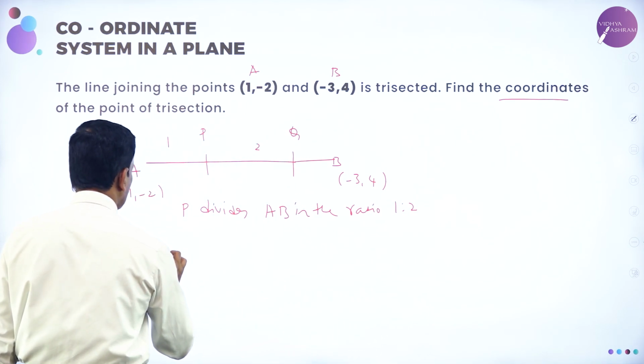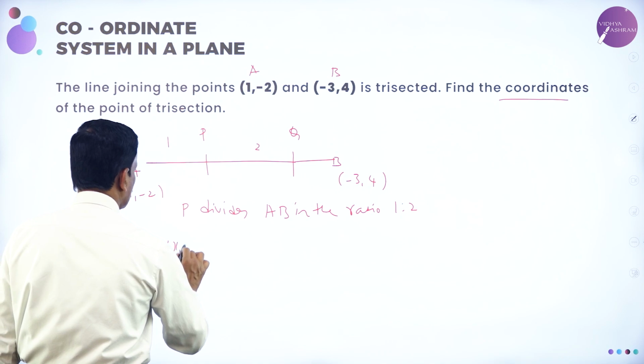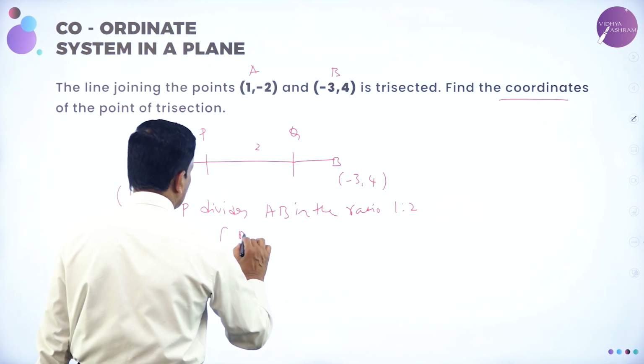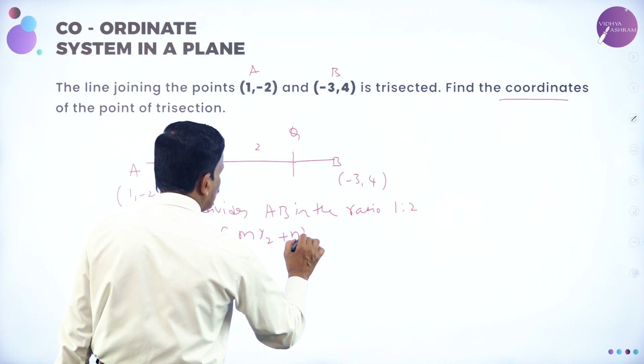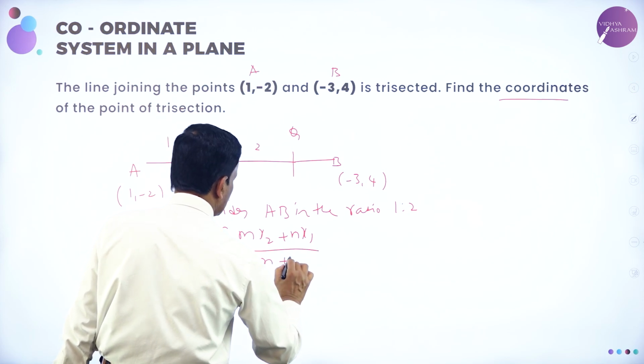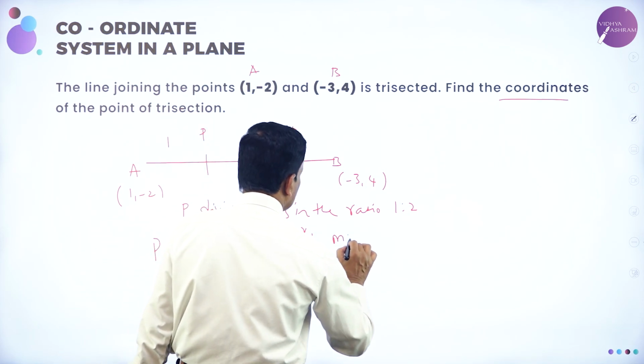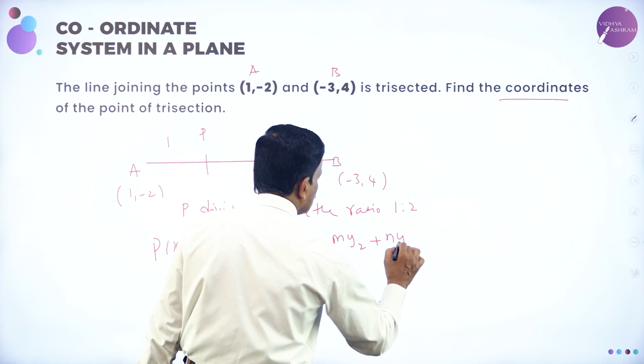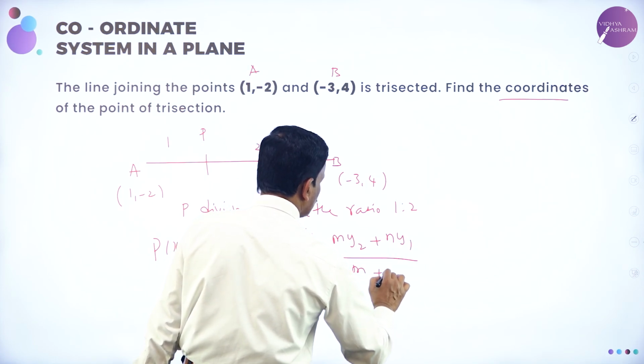Now just find out the coordinates of P. P(x, y) is equal to, what is the formula? (mx2 plus nx1) divided by (m plus n), comma (my2 plus ny1) divided by (m plus n).